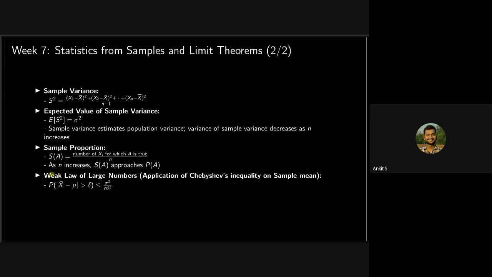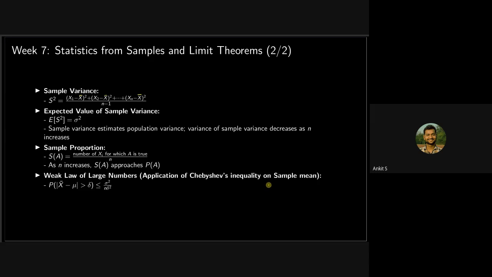The most important concept in week 7, in my opinion, was the weak law of large numbers. There were a lot of problems related to this within quizzes. Basically it is just the application of Chebyshev's inequality on sample mean. Here one of the most important things you learn is that sample mean and sample variance are random variables, not fixed quantities.